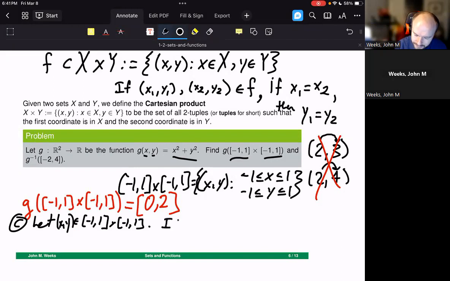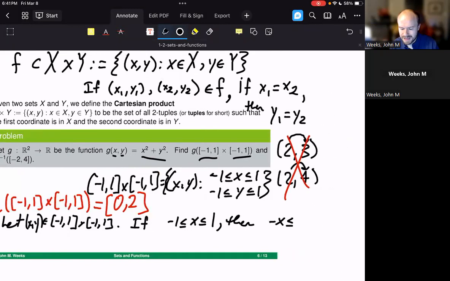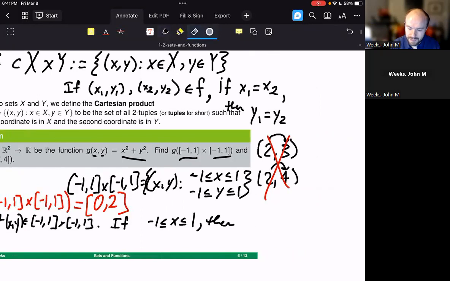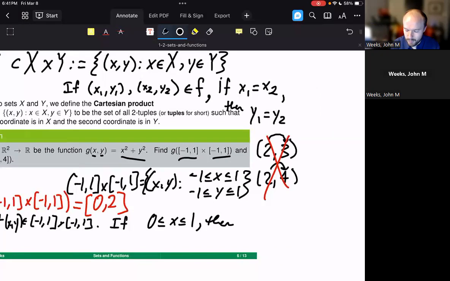Well, if -1 is less than or equal to x is less than or equal to 1, then if I multiply through everything by x, there's going to be some cases, whenever x is negative, for example. In fact, I need to be separating those out into cases, starting with x being in between 0 and 1.